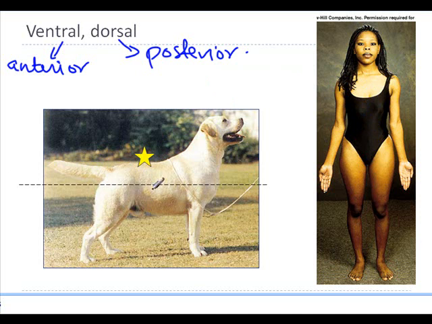Now, in a four-legged animal, it doesn't really work that way, in the sense that anterior and ventral are not the same. For example, in the dog, when we look at it this way, this is the dorsal, and this is the ventral side.